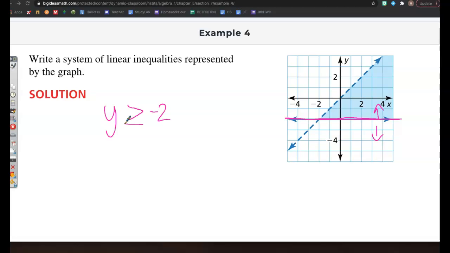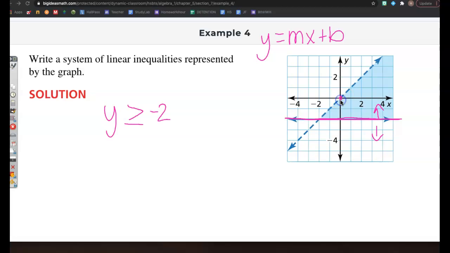Easy enough, right? So then the next one, we want to write it in y equals mx plus b form. When we graph, which do we graph first, the b or the m? The b. So we figure out the y-intercept.